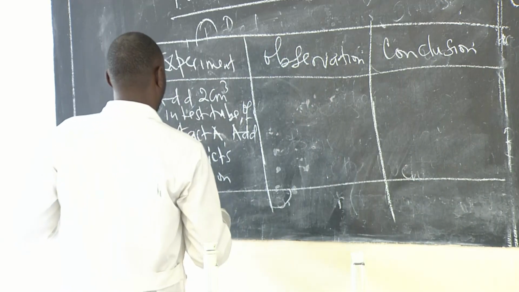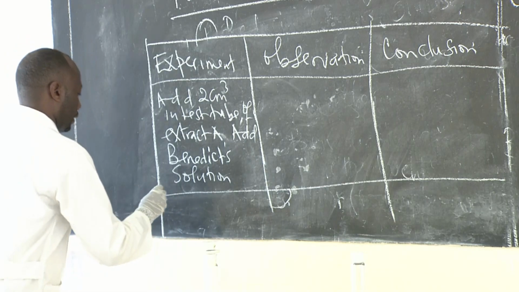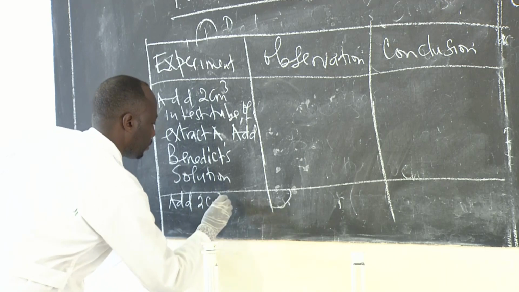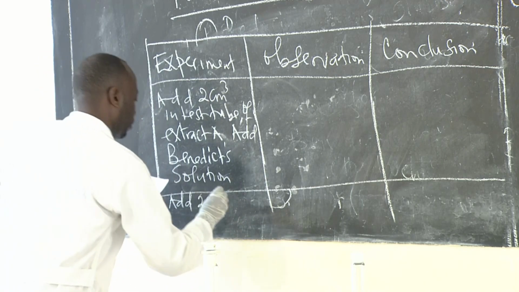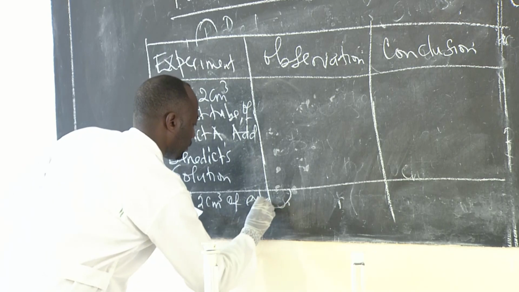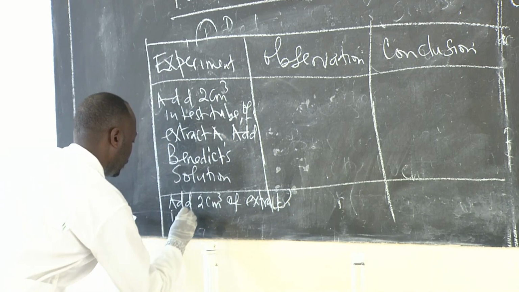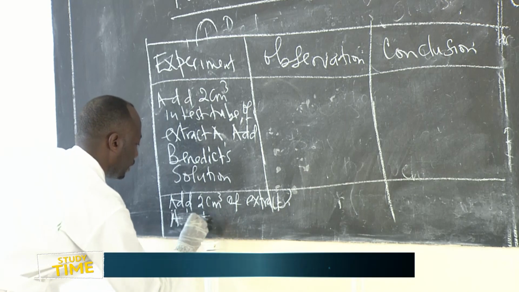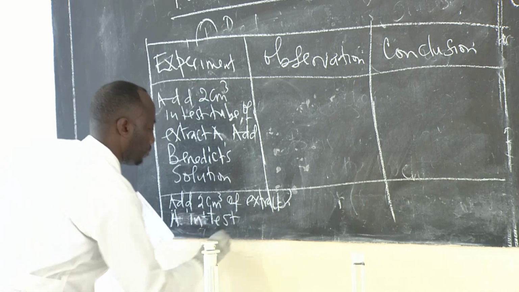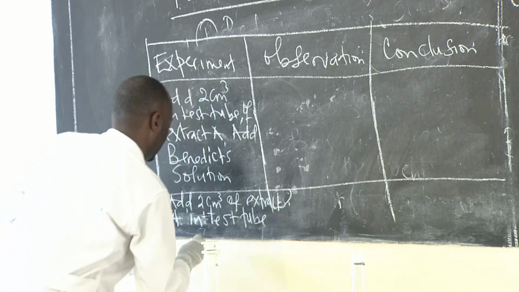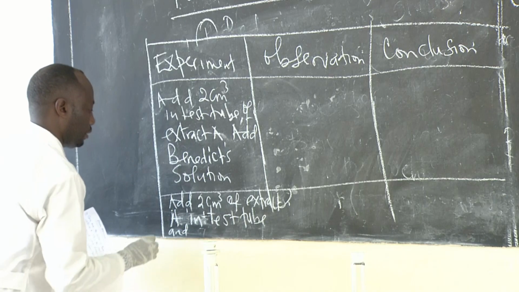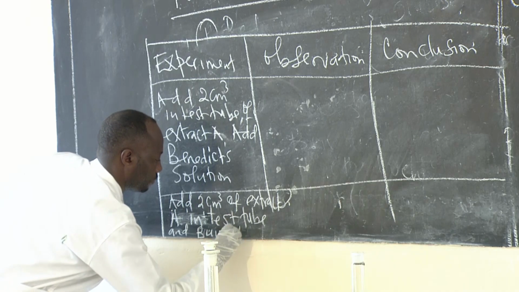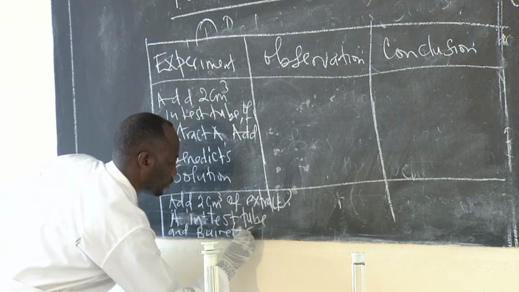The last one, you add 2 centimeters cubed of extract A in a test tube and add biuret solution.